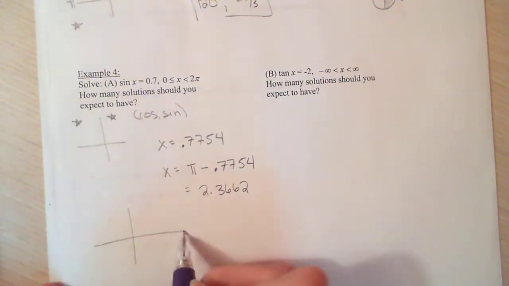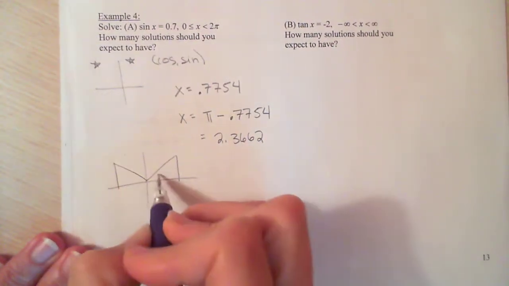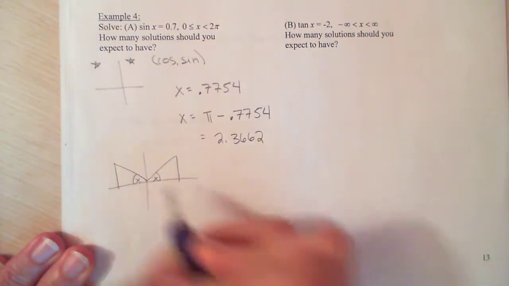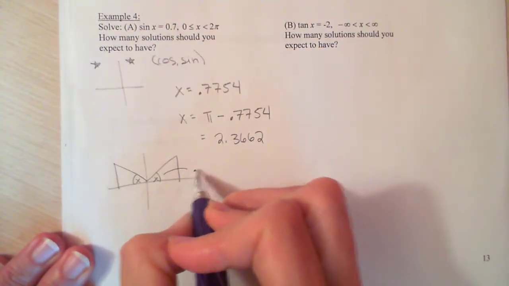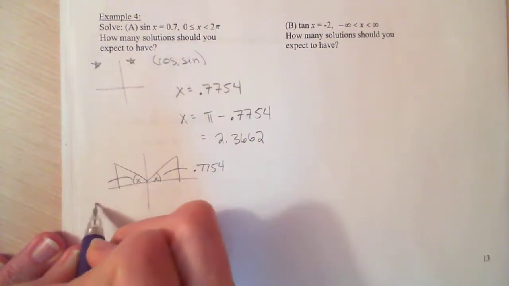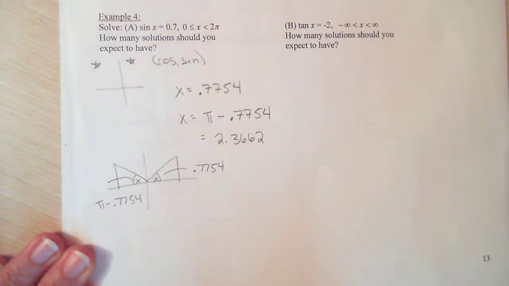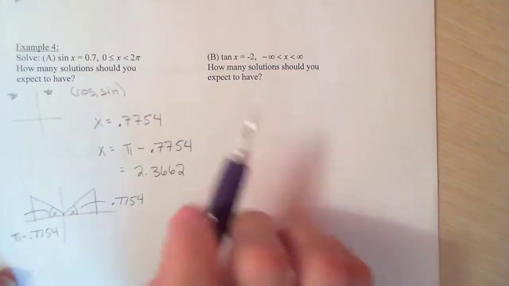Right, so you can think about here and here. Here's my x. Here's my x. So this angle would be 0.7754, and this angle would be pi minus 0.7754.